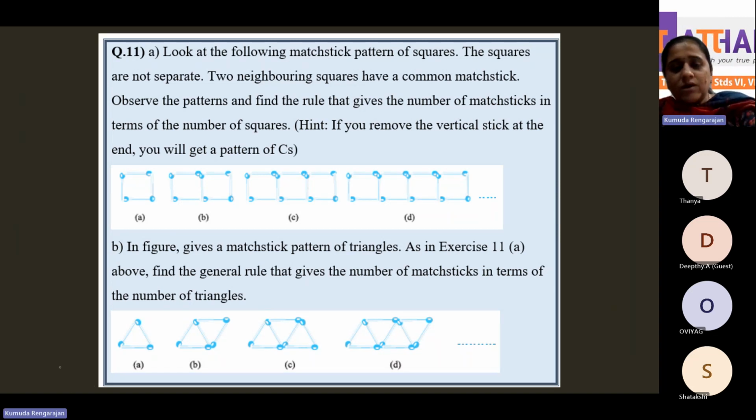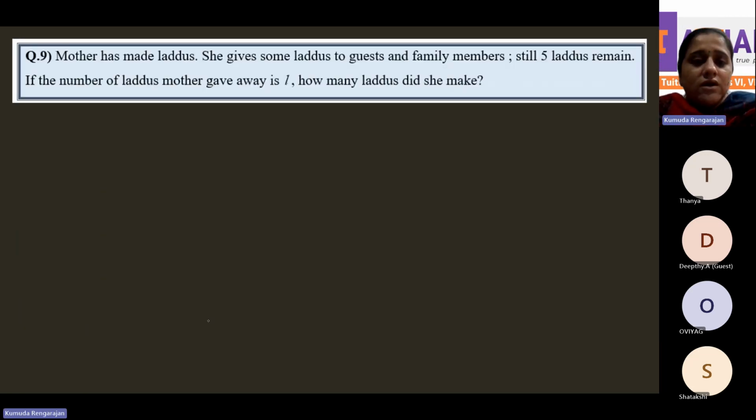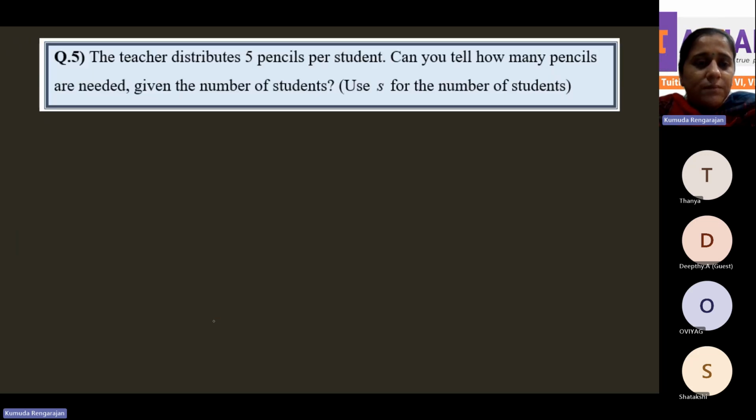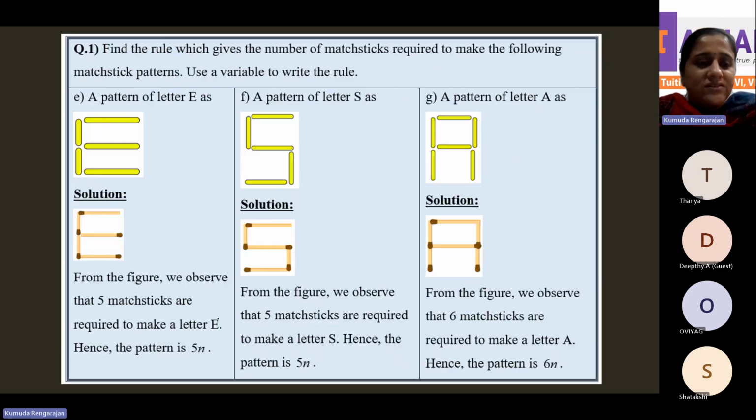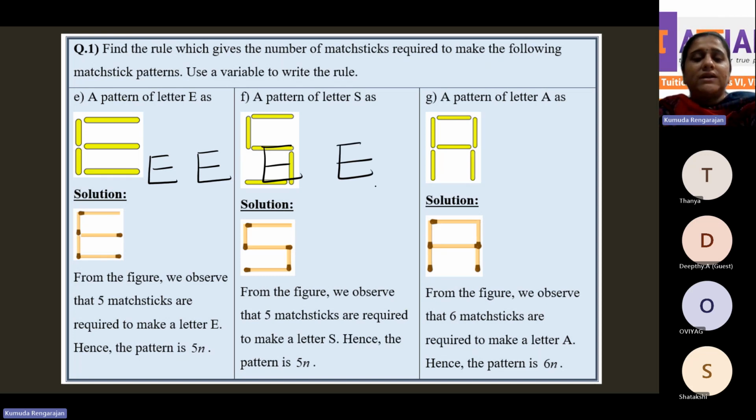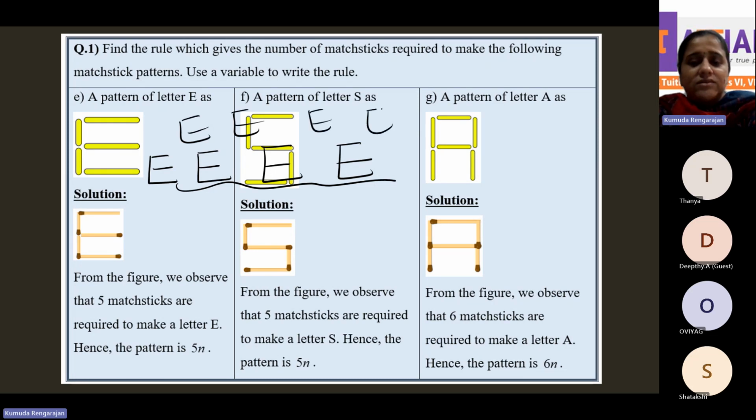What we had been doing with the matchsticks, when we wanted to create a pattern, one E like this, another E independently, another E independently, another E independently. For this, we wrote the rule for constructing E's independently like this.